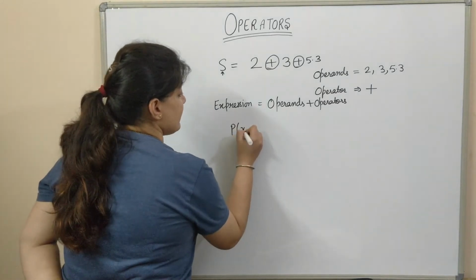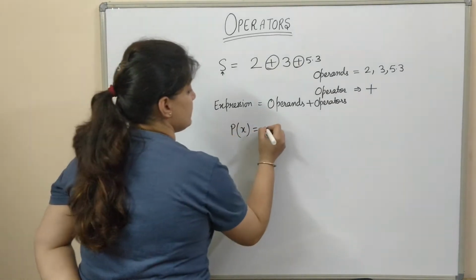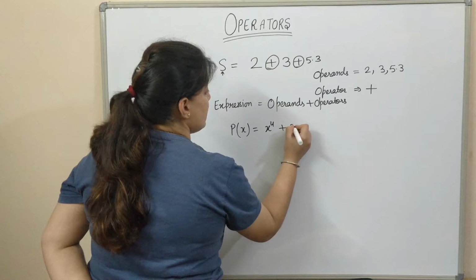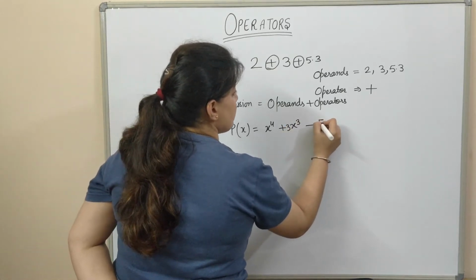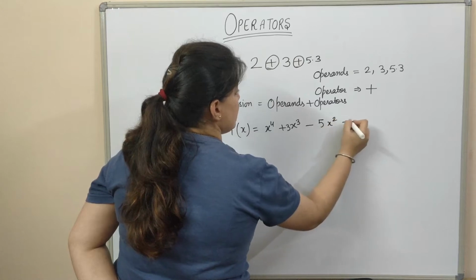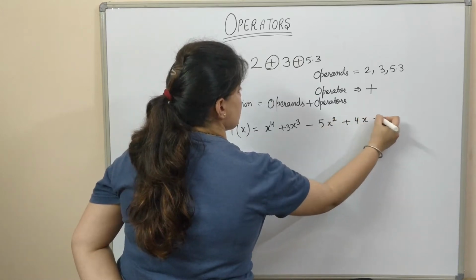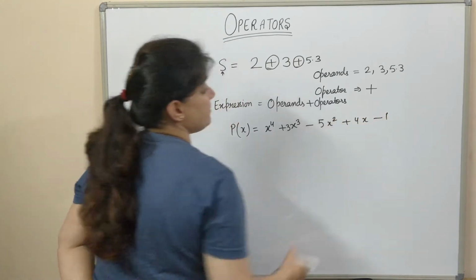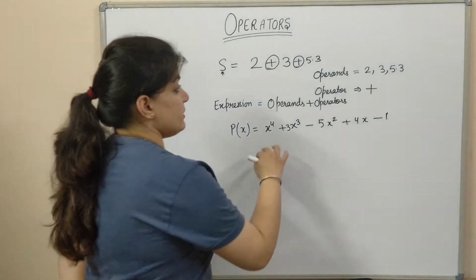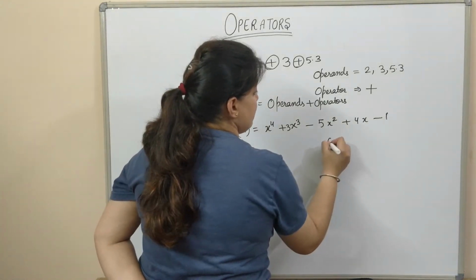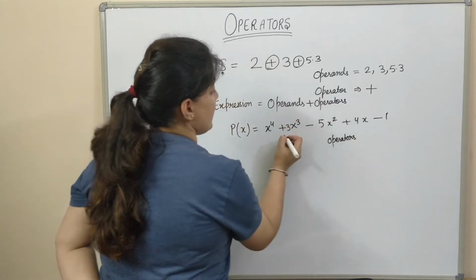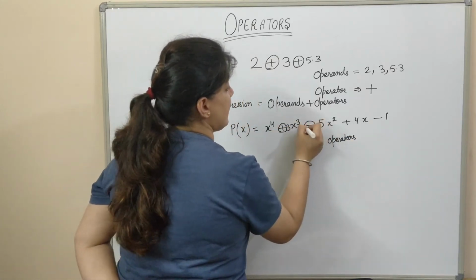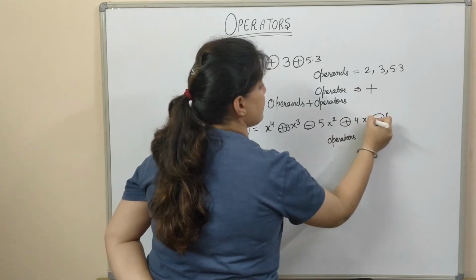I am taking here a polynomial function: x power 4 plus 3x power cube minus 5x square plus 4x minus 1. So what operators do we have here? Operator means the symbols we are using here: this plus, minus and minus.